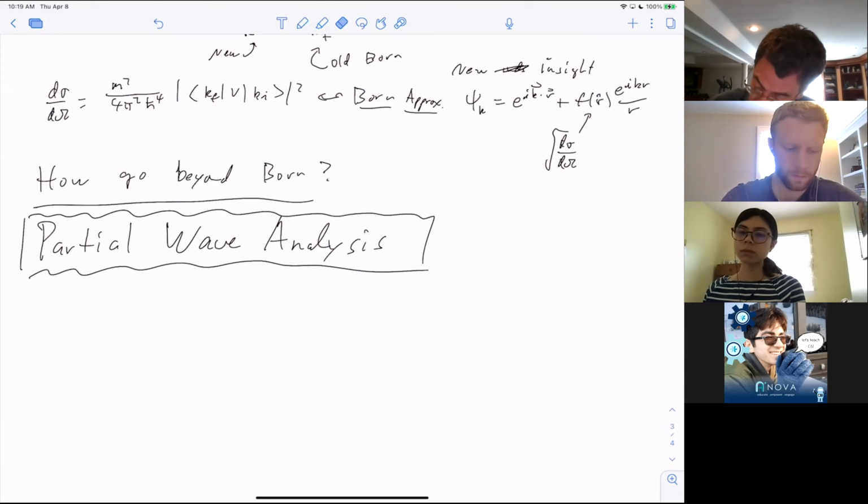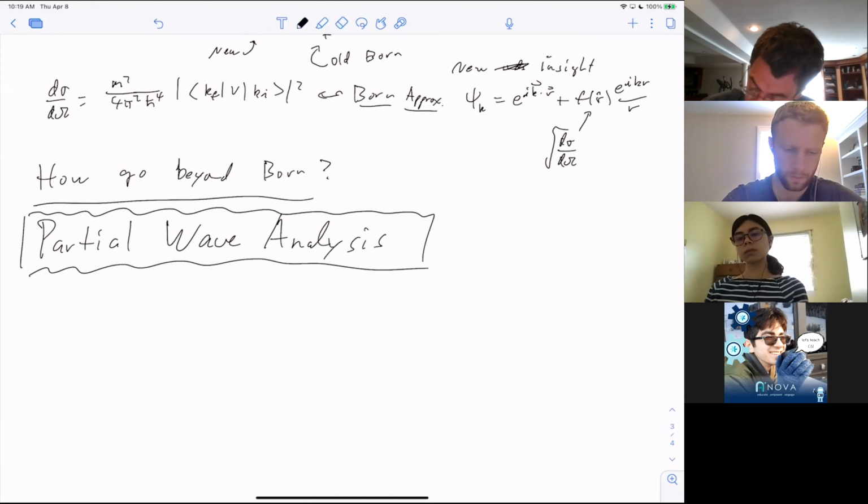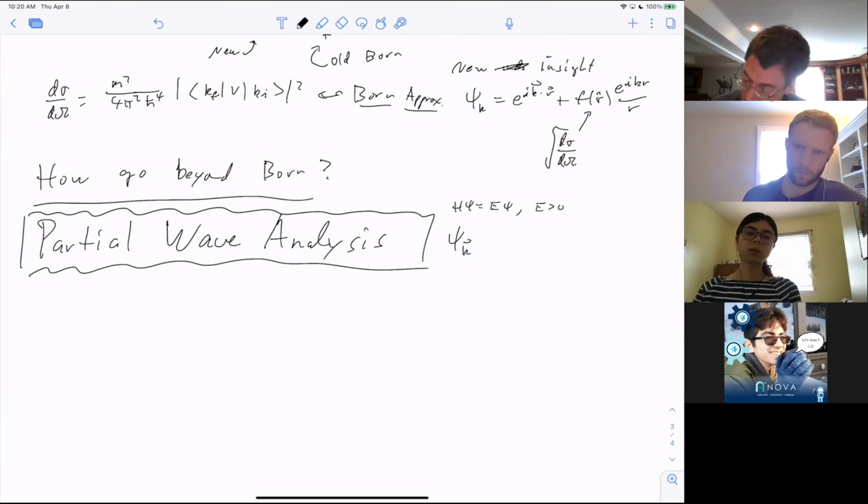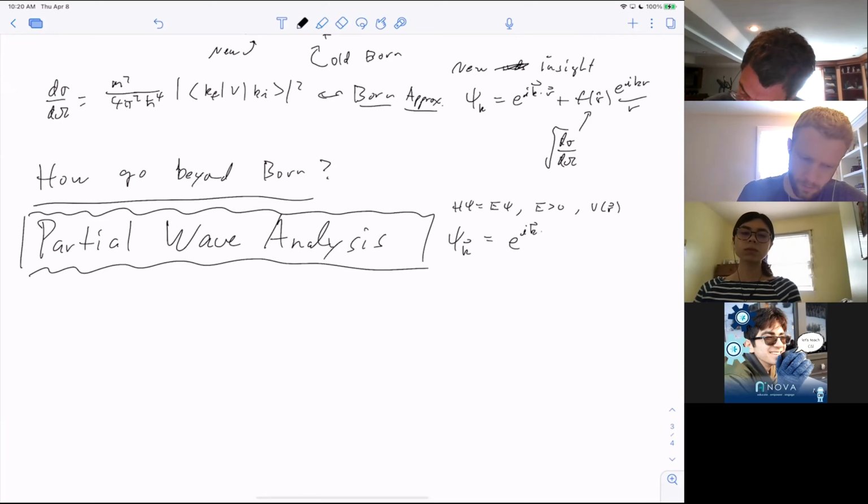So it is all based on this concept that we derived using Green's functions, which is that the solution of the Schrodinger equation for energy greater than 0 for a scattering process off of some potential is this. We have an incident wave plus a scattered wave.